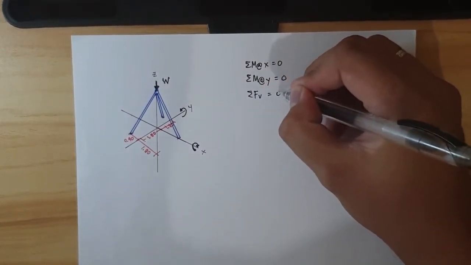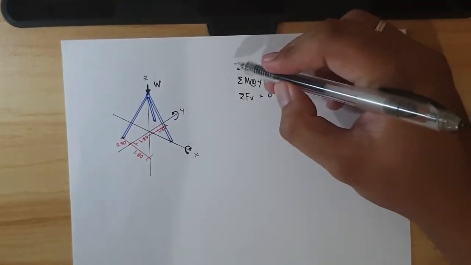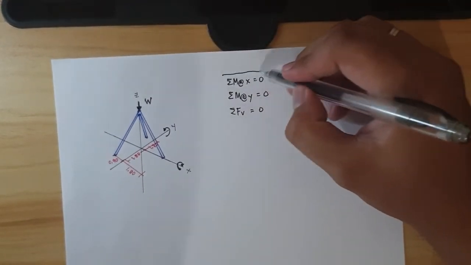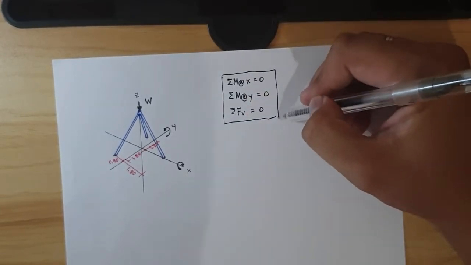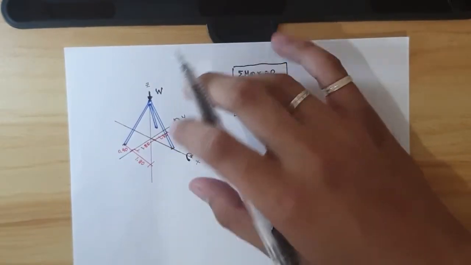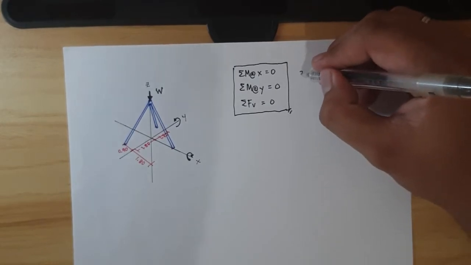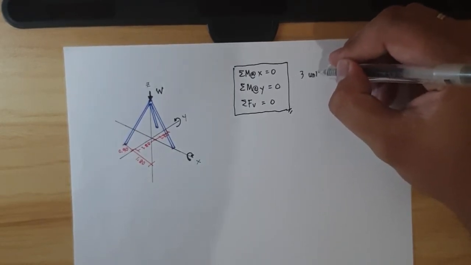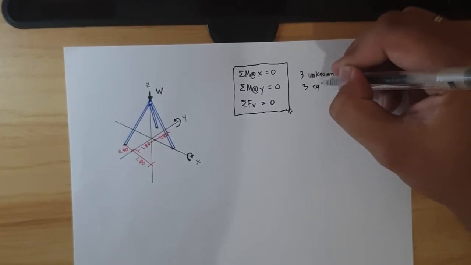must be equal to 0. Okay? So kaning tulo ang atong key para makuha na to ang approach or ang pag-solve sa three-legged structure. So if we have three unknowns, three equations, diba?